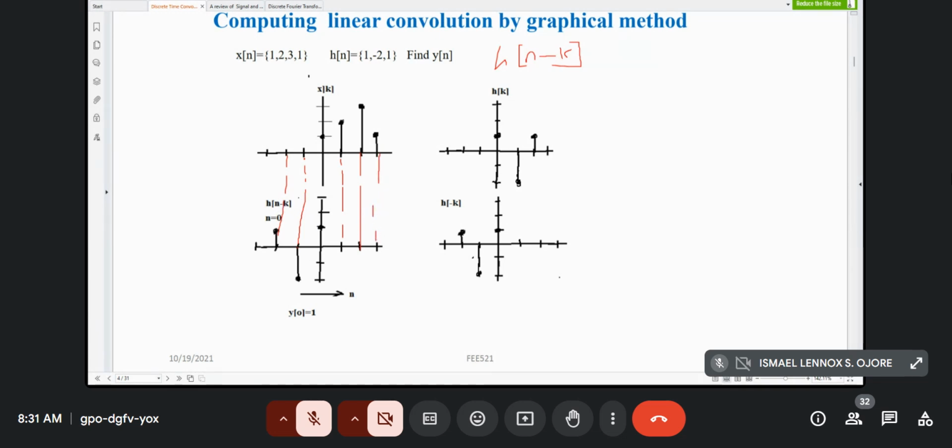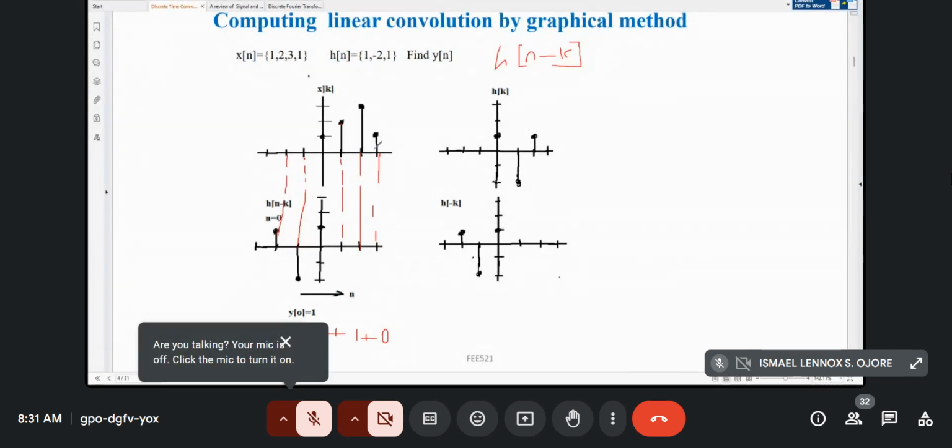So this is 1 times 0, which is 0, plus minus 2 times 0, plus 1 times 1, plus 2 times 0, plus, oh, did I jump something?